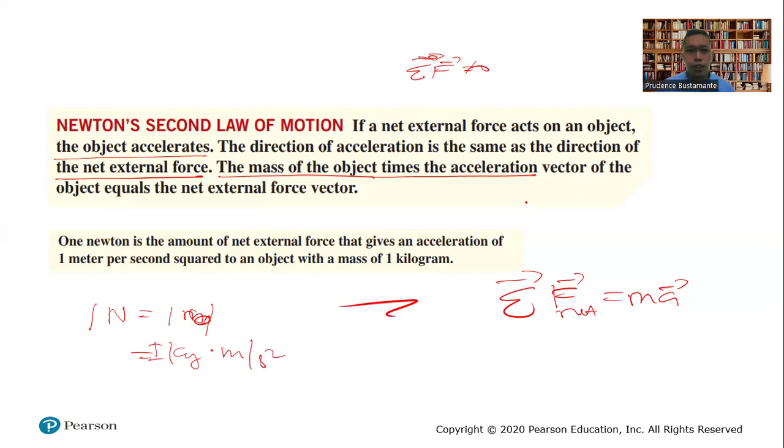So yan ang unit sa Newton. So very simple. Kung meron ka ng net force, what happened to your object with mass m? It will accelerate. Ang direction ng acceleration is kung asa yung direction ng net force mo.